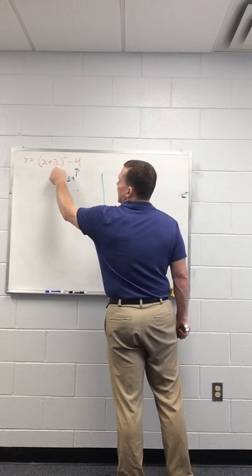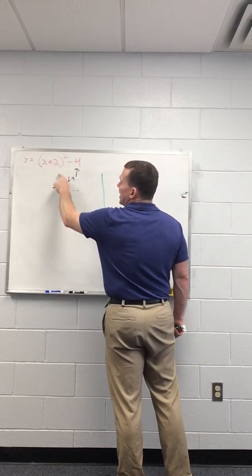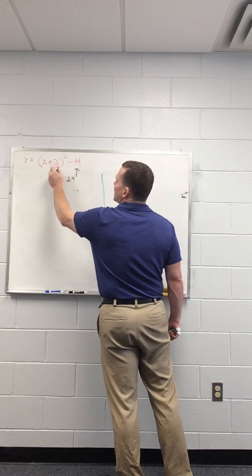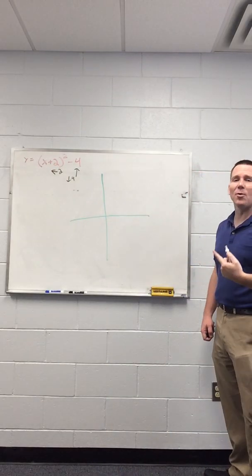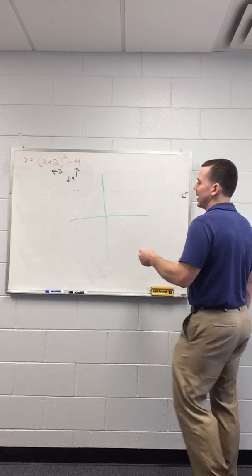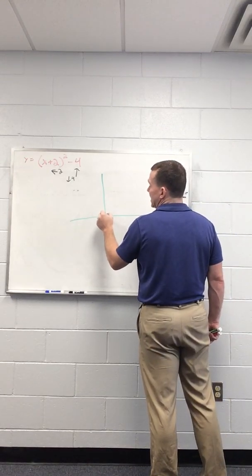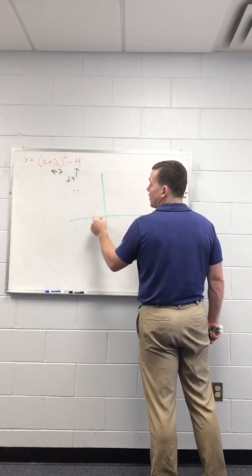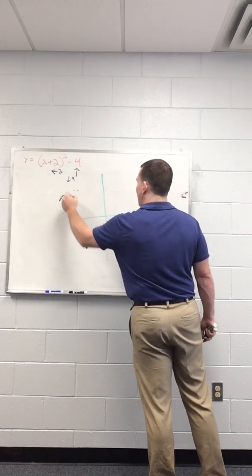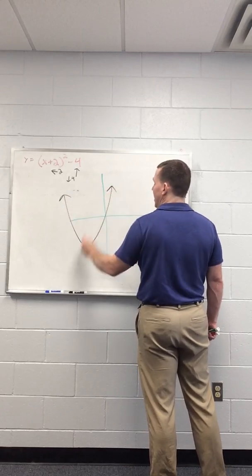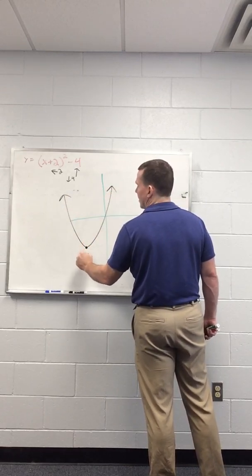If I add or subtract on the inside, this shifts me horizontally, and it's backwards, so plus 2 will go left 2. Now I just pick a point. For the parabola, I'll pick the vertex. The vertex was at 0, 0, but now I'm going to move it left 2, down 4, and then I'll just draw my parabola. And there's my graph right there.